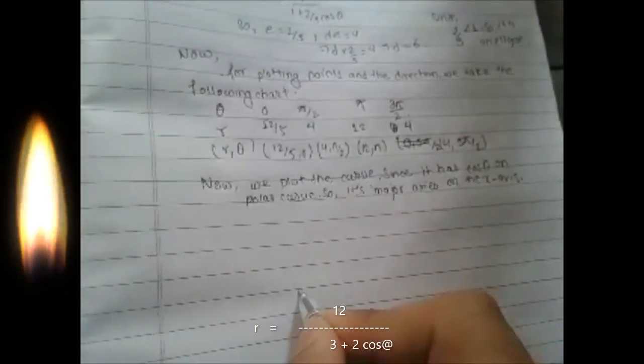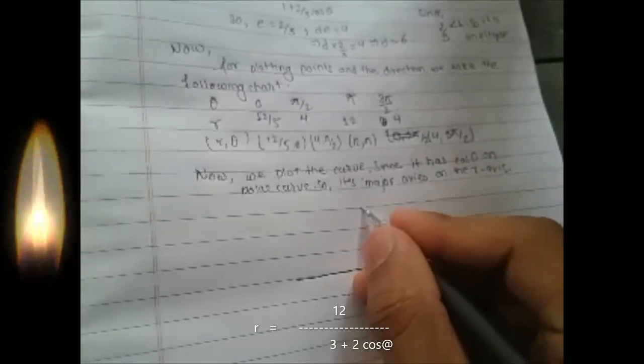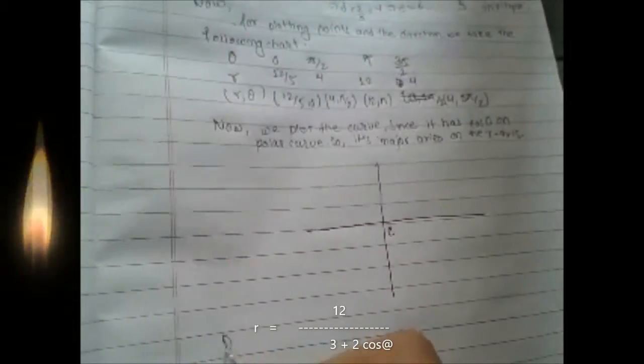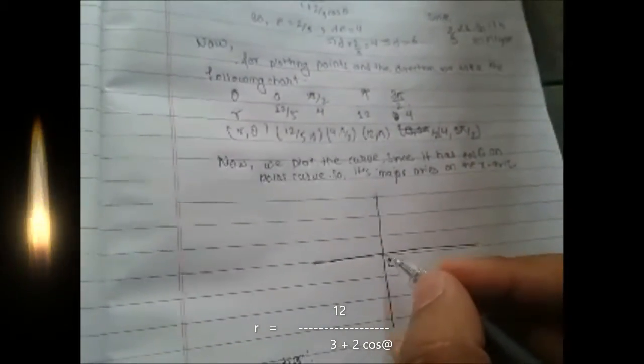So this is the major axis and this is an ellipse, and this is the center C. We will have to write the description after we have made the curve. So what we are going to do is just plot it out.